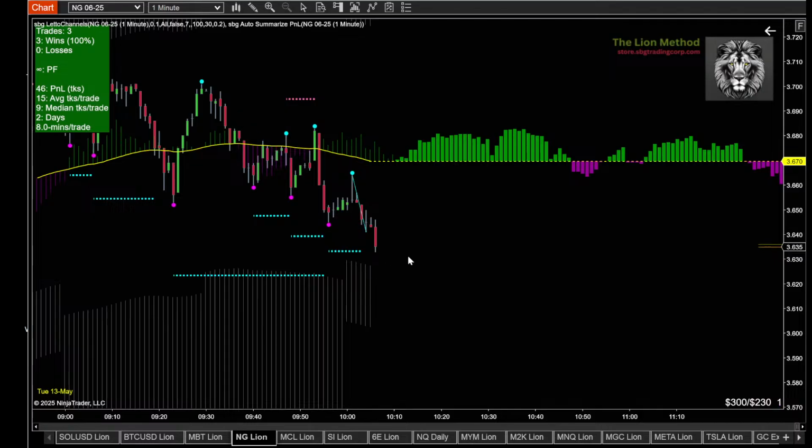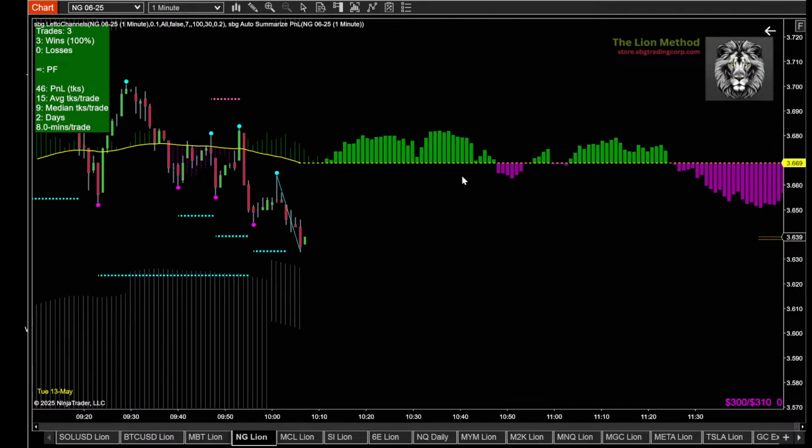Now with gas, could be interesting once we hit oversold, because we do have a tendency to be north of the 100, and it's coming up on the oversold level.